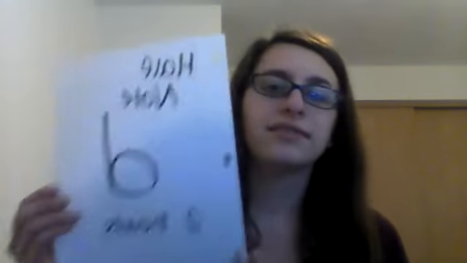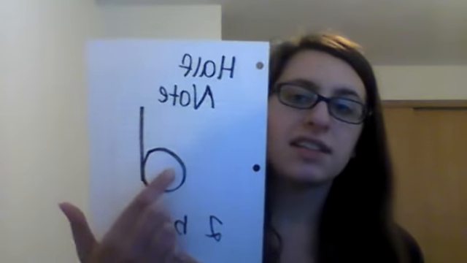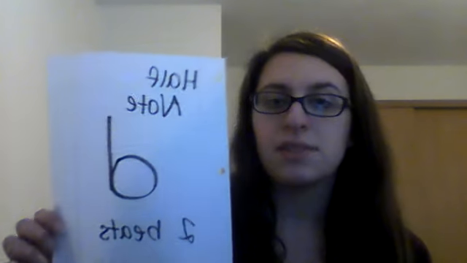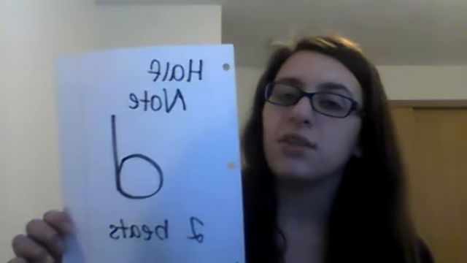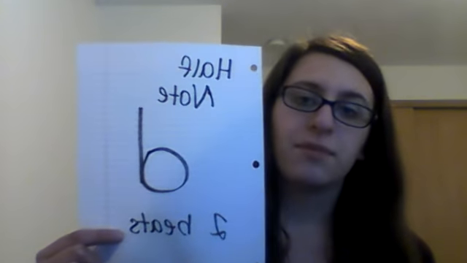Now, another note we have is our half note. This one looks a lot like the quarter note, but instead of being colored in the center, it is nice and open. So that's how you know that this one is the half note and not the quarter note. And this one gets 2 beats.